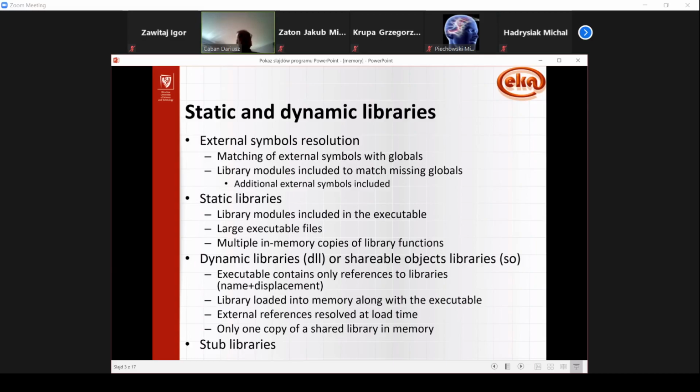That means you load it into memory. Okay, any questions to this?